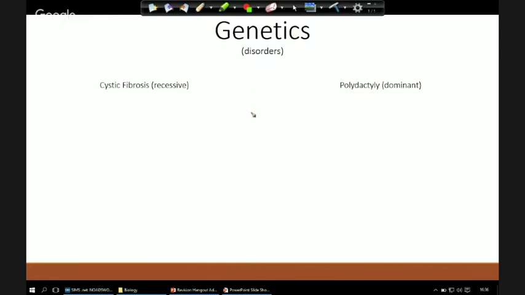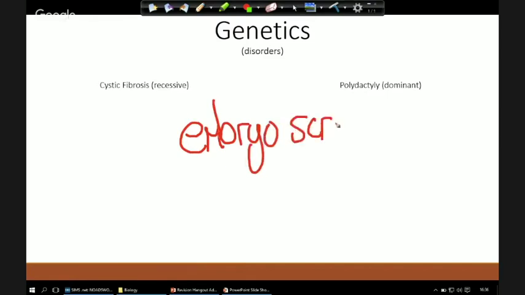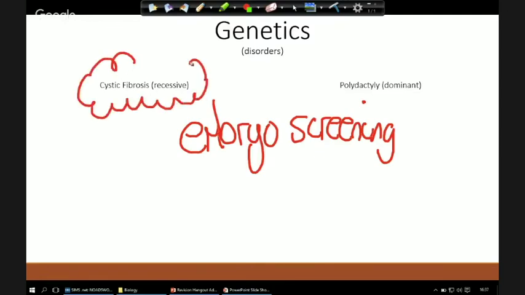Looking at a few genetic disorders, when we talk about all of our genetic disorders, it's then prudent to talk about embryo screening. This is looking at our embryos before the baby is born at a very early stage. It might be the case that perhaps you have people in your family who suffer from cystic fibrosis, and you want to find out the likelihood of another baby having it at a very early stage of pregnancy.